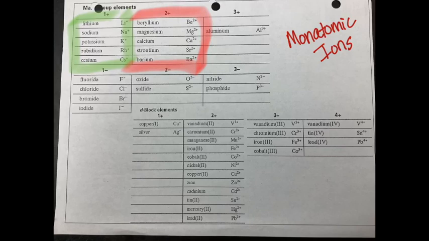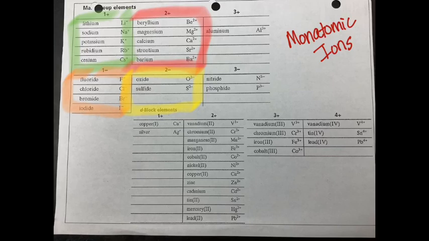And then below that, everything with a -1 charge. That is group 17, which is the common charge for it. If it has a -2 charge, that is going to be group 16. And then next to it, a -3 charge, that is group 15.